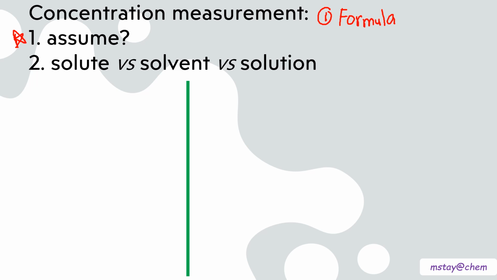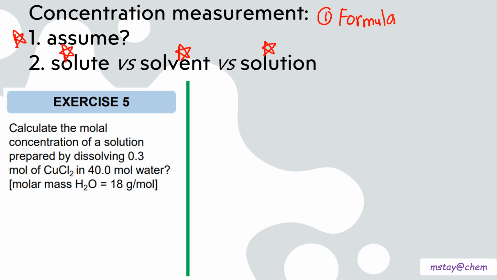And from the question, you have to identify whether the information given refers to solute, solvent, or solution. Okay, let's look at exercise 5 in your notes. Calculate molar concentration. If you have no idea of the formula for molar concentration, you cannot continue. So again, I would like to emphasize, remembering the formula is very important.